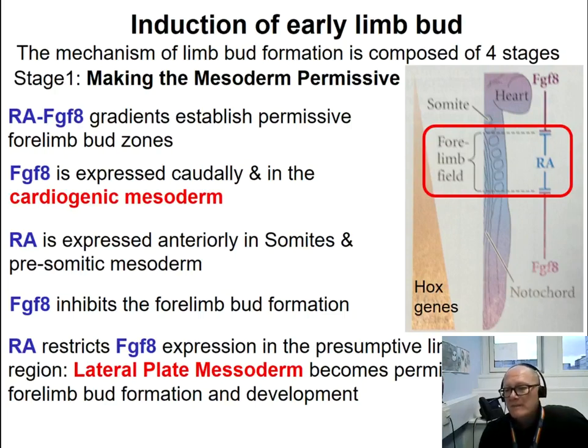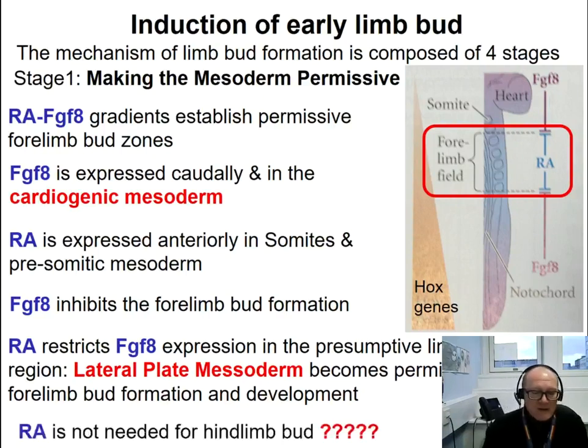Now, the most attentive of you will realize immediately that this mechanism to define the position of the forelimb cannot be the same for the hindlimb. This is because in the posterior part of the body, we have higher expression of FGF8, and therefore we have almost no expression of retinoic acid.